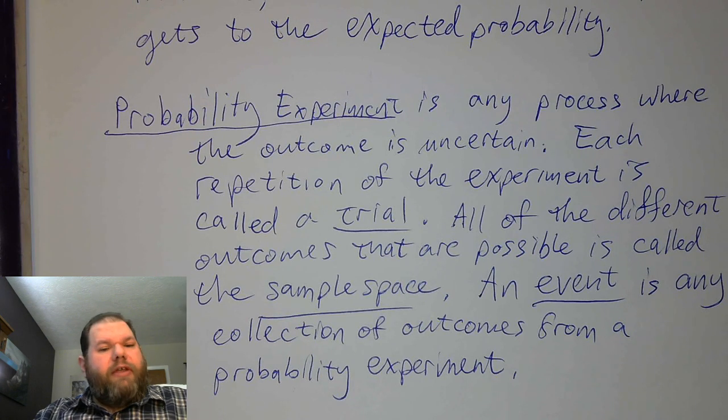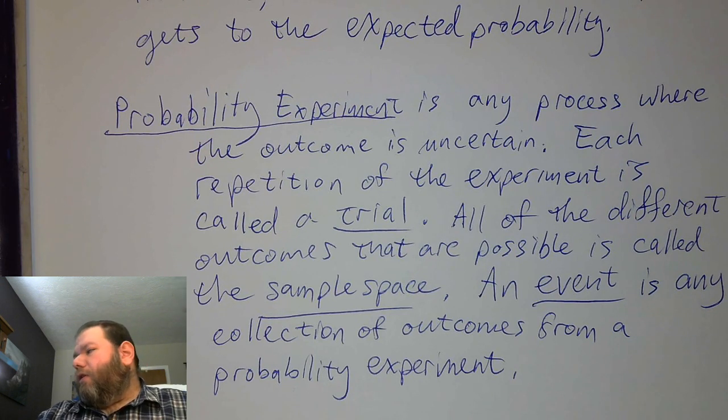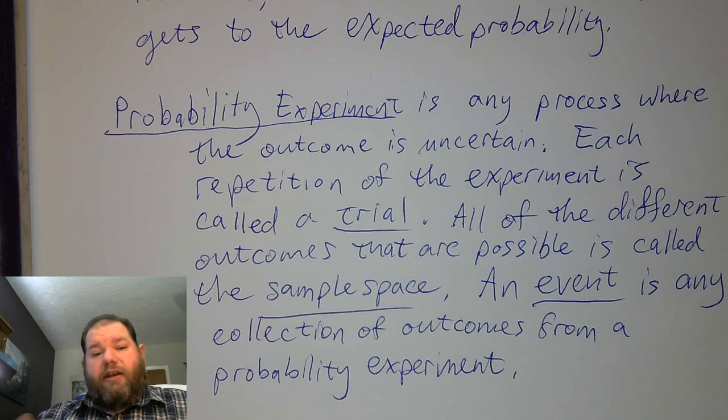We would call that more of a compound event rather than a simple event, but I'm not going to get caught up in that terminology. It's still just an event. So we can ask, what's the probability that we roll a pair of dice and the sum is odd, or the sum is even? Those contain multiple different outcomes. There's a lot of different things that we could ask and have it be an event. It's not just one thing, it's any combination of things from the sample space.